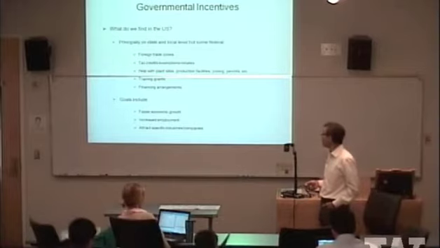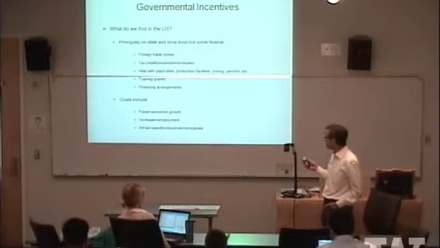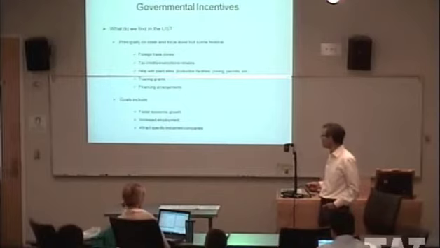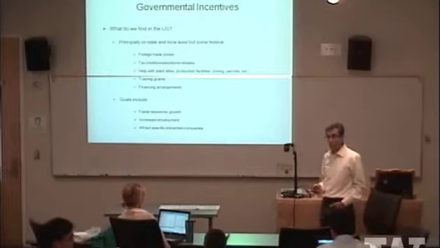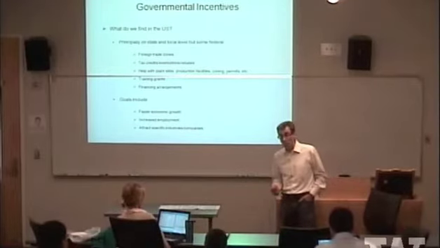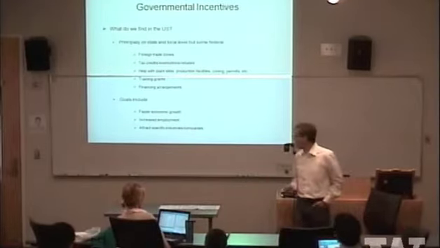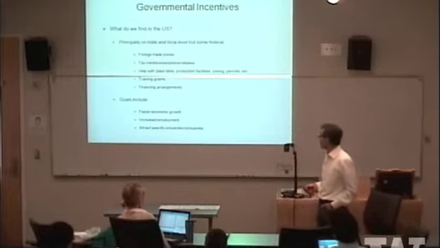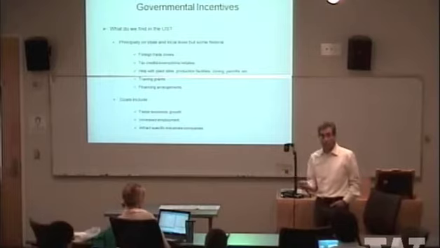We do find, especially at the state level, various credits and exemptions from state tax, not only income tax, but property taxes, training grants, financing arrangements, low-interest loans. I mean, there's all sorts of things that states will try to throw at companies to try to get them to locate.